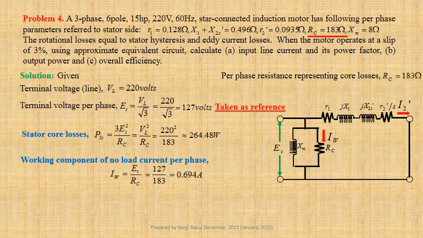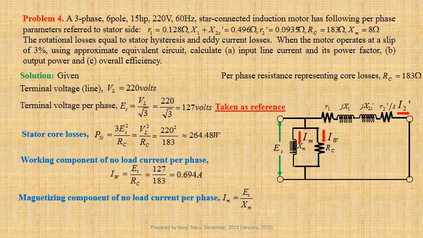Now we shall calculate magnetizing component of no load current per phase. Im equals ET divided by Xm. Given per phase magnetizing reactance, Xm equals 8 ohm.